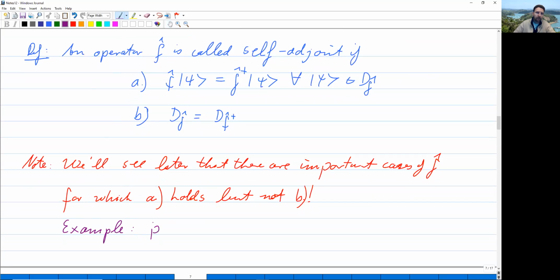Example: the momentum operator p hat of a particle in a box. It obeys formally that p hat dagger is equal to p hat, but it's not self-adjoint, and the spectral theorem doesn't apply.